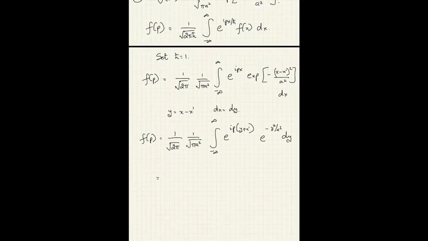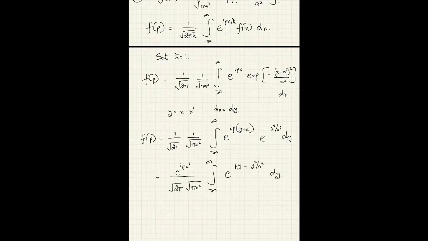So I can pull out the e to the ip x prime because that has nothing to do with the integration over y, because it's just a constant. So this is square root of 2 pi, square root of pi a square, minus infinity to infinity, e to the ipy minus y square over a square dy.